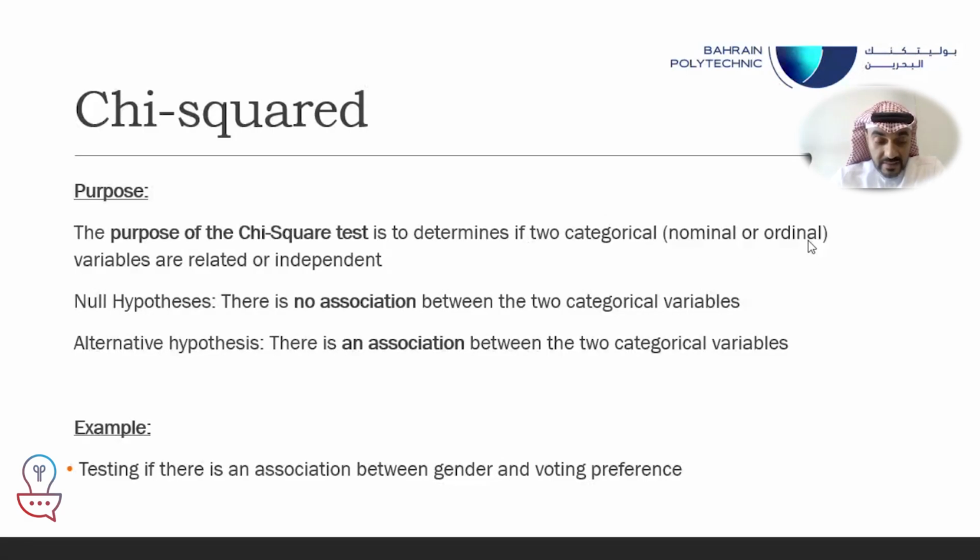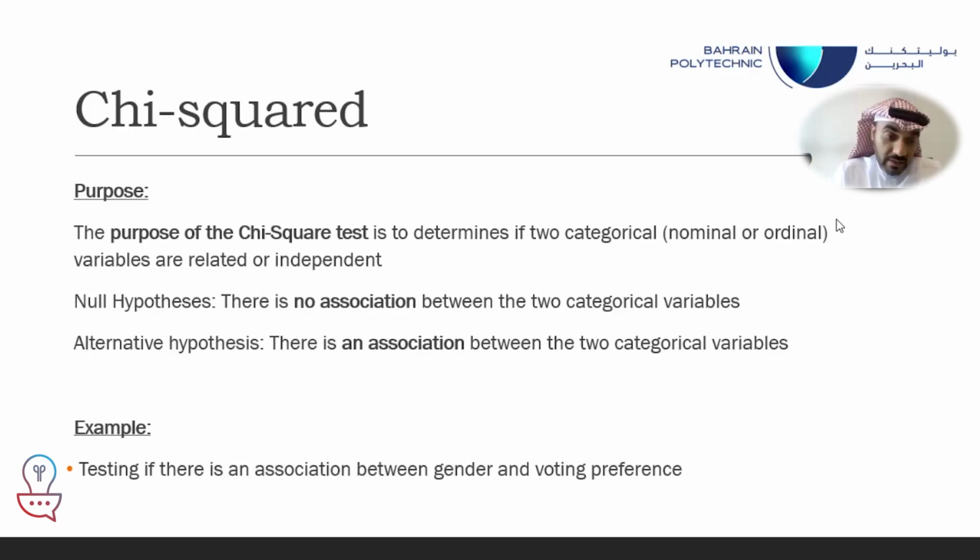Ordinal means that there is a difference between these data. Like for example, the questions that ask you to rank whether you like it very much or don't like it very much. In these questions, there is a difference between the selections, so this type of data you call ordinal.